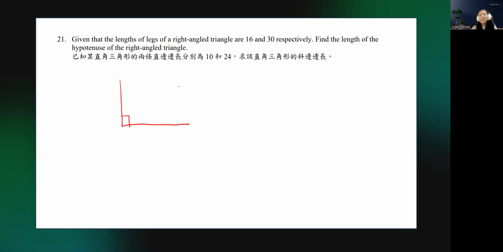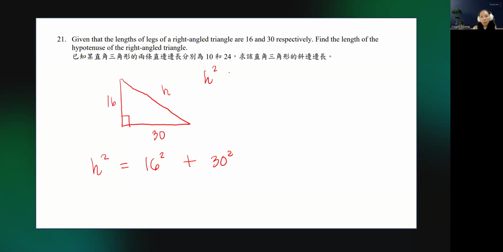Given that the lengths of the legs of a right angle triangle are 16 and 30 respectively, find the length of the hypotenuse of the right angle triangle. We have 16 right here, we have 30 right here, because it refers to the legs. The hypotenuse is always the longest side. Remember, our formula for the hypotenuse is that hypotenuse squared is equal to 16 squared plus 30 squared.